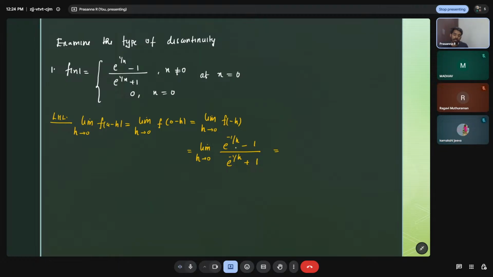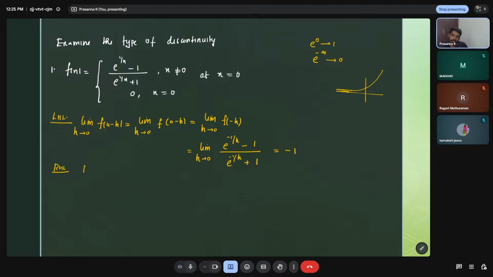When you apply the limit, e power minus infinity will tend to 0, e power 0 will tend to 1. The e power x graph is this. When x is tending to minus infinity, your output will be closer to 0. So this will tend to 0, this will tend to 0. So minus 1 by 1, this will tend to minus 1.